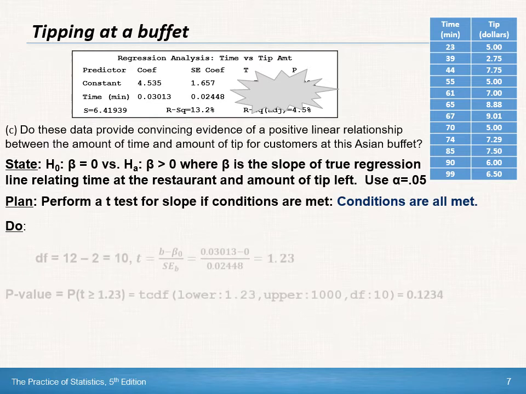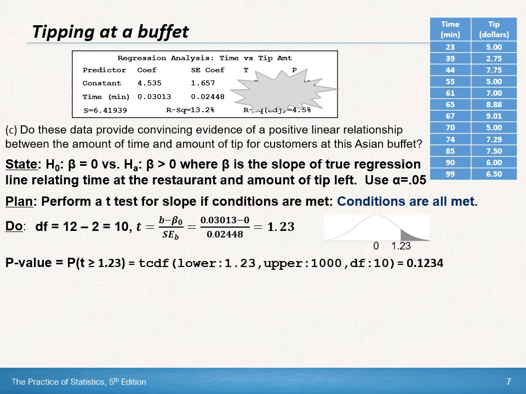All right, so for the do, we know the degrees of freedom are 10. We can calculate our t statistic. The beta we can either get from the printout up above, or we get the slope, sorry, not the beta, the slope, from our least squares regression line that we ran.